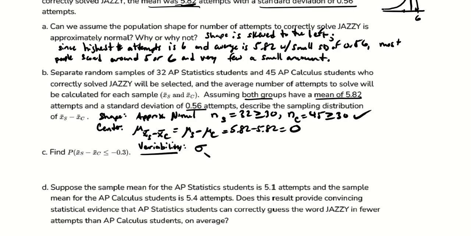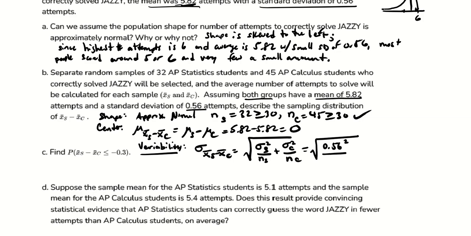It is going to follow this formula. Here they have the same standard deviation, so I'm just going to use the same number. It's 0.56 squared over 32, plus 0.56 squared over 45. So it's about 0.129.